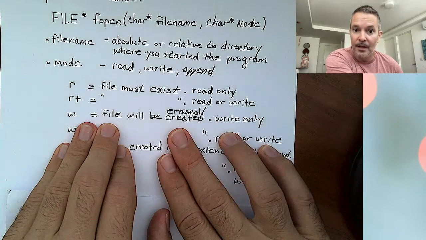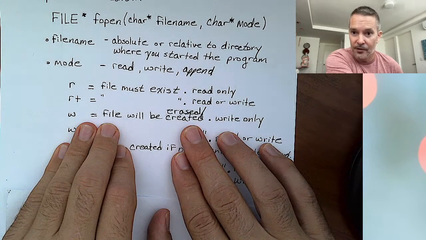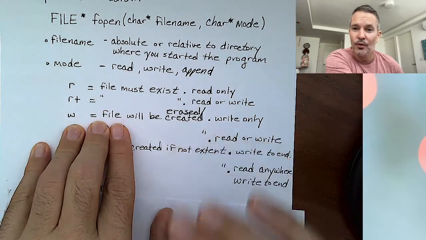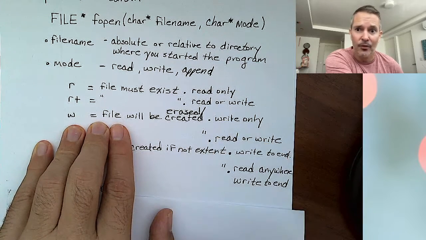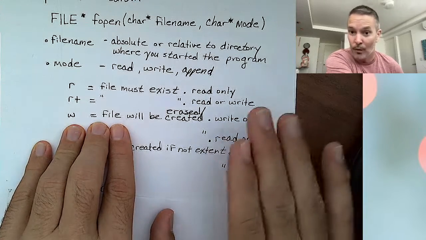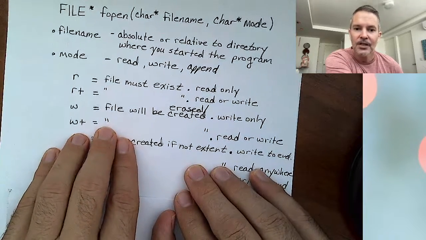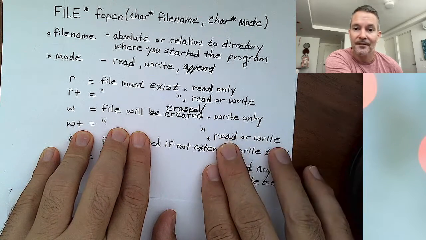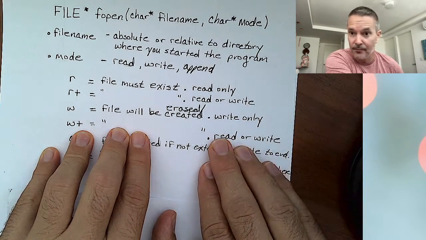And it will be like you're opening a brand new file for the first time. So you use W when you want to write information into a file and you don't care if the file already existed. You just want to delete it and overwrite it. W+ means the same thing, except you can write to the file or you can read from the file. You can do both.